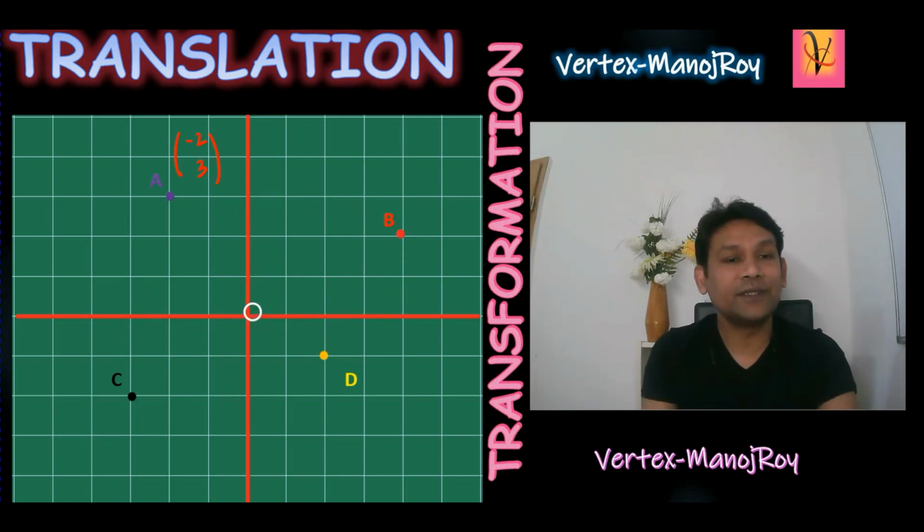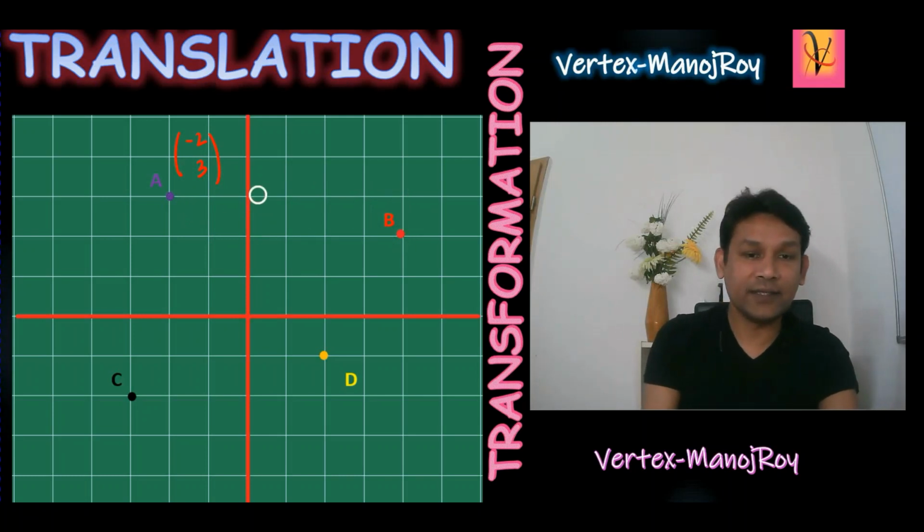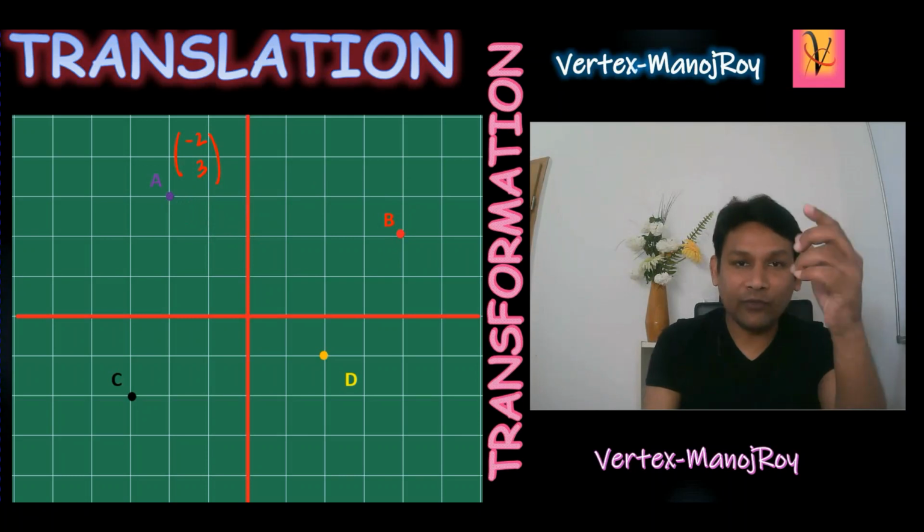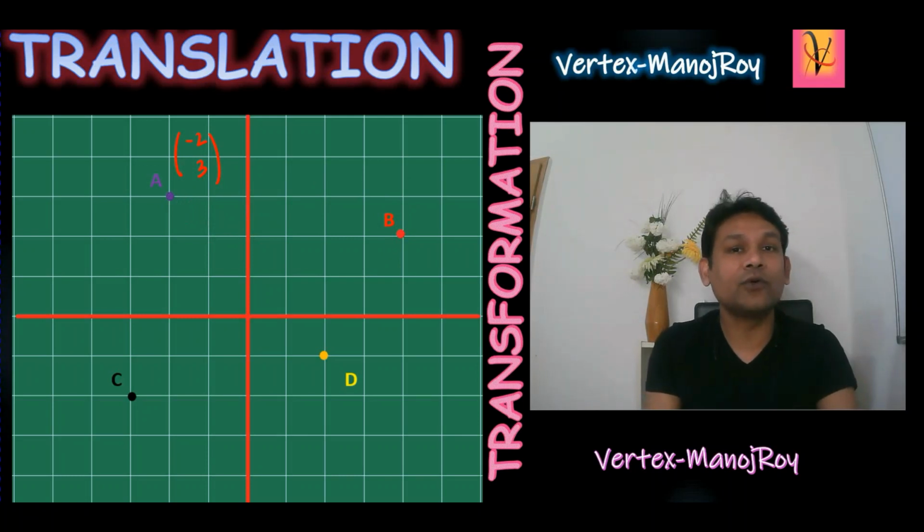But when you consider A and B, just check it out. If I want to move from A to B, how many steps am I moving right? 1, 2, 3, 4, 5, 6, and 1 down. 6 and -1. When I write this 6 and -1 in vector form, that is called the column vector. This is not a position vector.